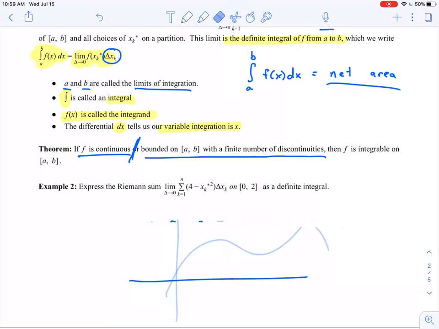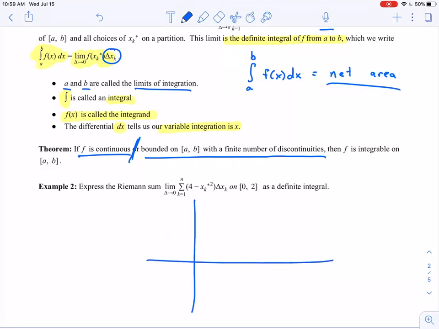But if I drew something that had a vertical asymptote, say we were looking from here to here, and we had a vertical asymptote right there, this is not a bounded function, because I can't say my function doesn't get any higher than this, because it passes that point right there.